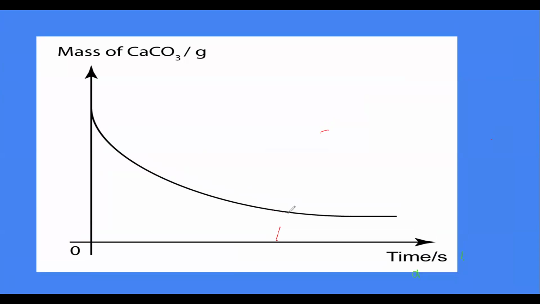So the time the reaction takes to end is here. I want the reaction to end here. So in order to make the graph steeper, I'm going to increase the concentration of HCl, use powdered calcium carbonate, or increase the temperature of the reaction.